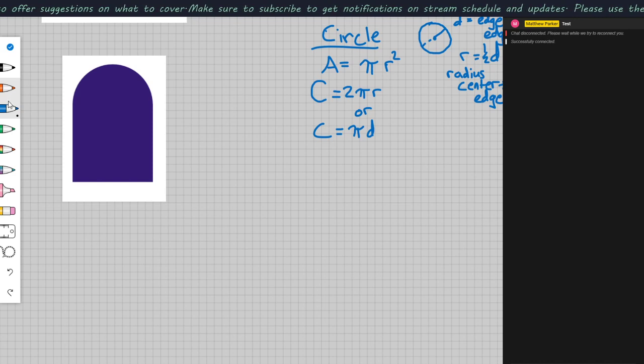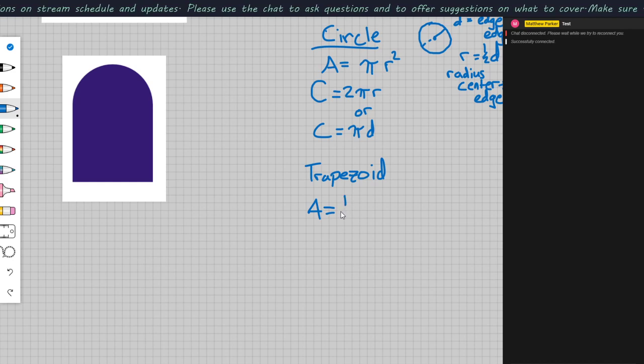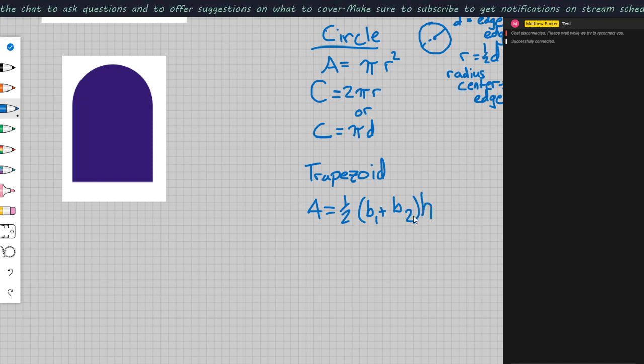Next one is for the trapezoid. So that's 1/2 times base 1 plus base 2 times height, and you may see where the two bases are added together.